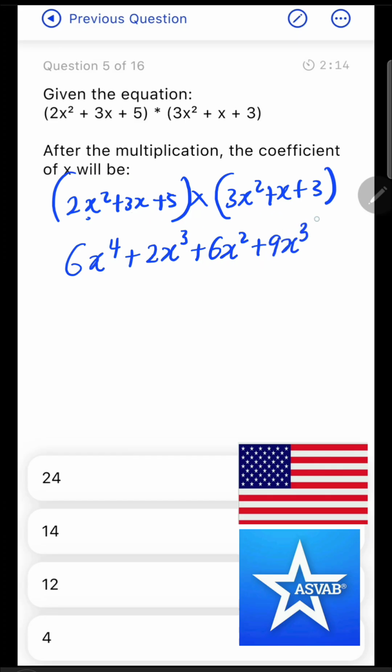Then 3x multiplied by x is going to give us 3x squared. Then 3x multiplied by 3 is going to give us positive 9x. Then we are on the third term, which is 5. 5 multiplied by 3x squared is going to give us 15x squared. Then 5 multiplied by x is going to give us 5x. Then 5 multiplied by 3 is going to give us 15.